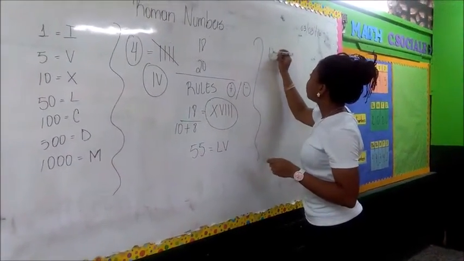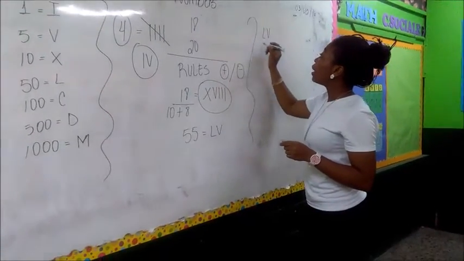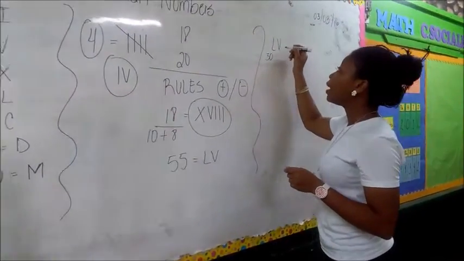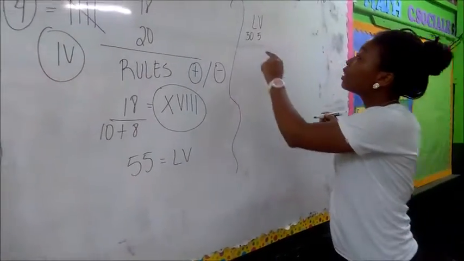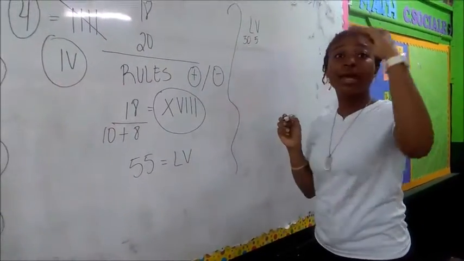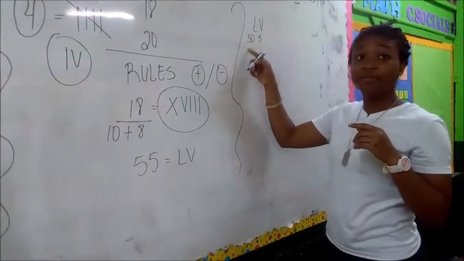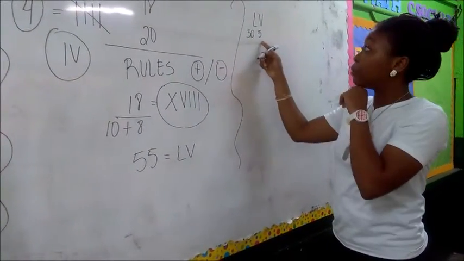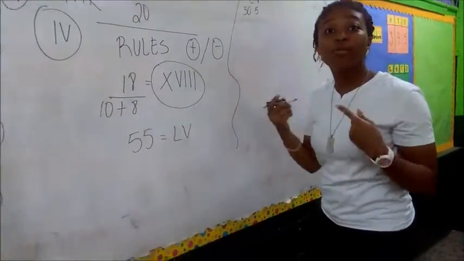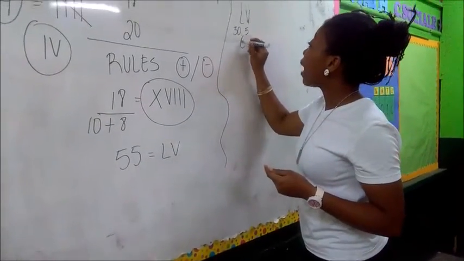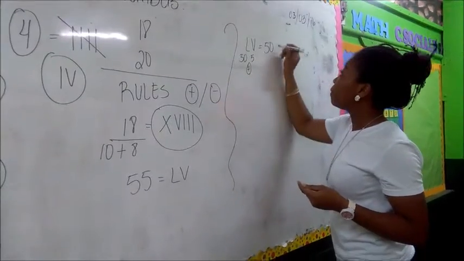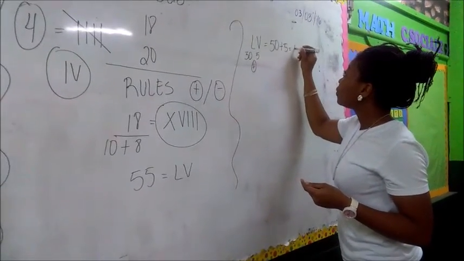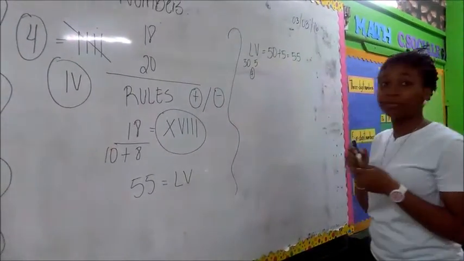We know that the letter L is 50 and the letter V is 5. The letter L is greater than this one because it's 50, it's greater than the number 5. So in this case, what do we have to do? We have to add. We know that 50 plus 5 is 55.